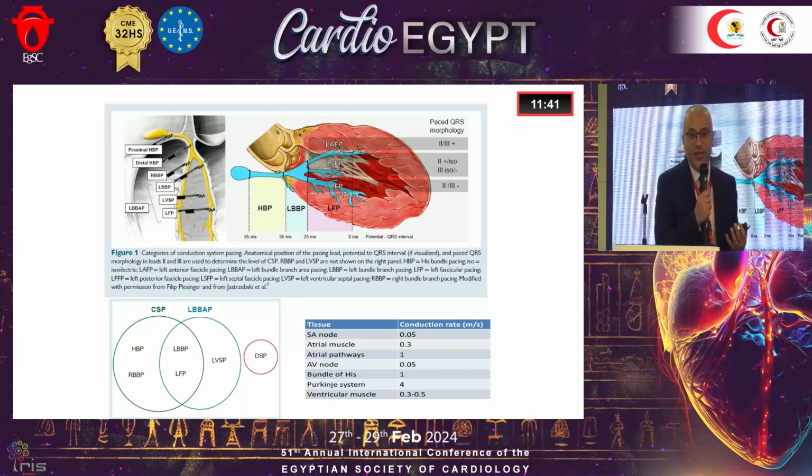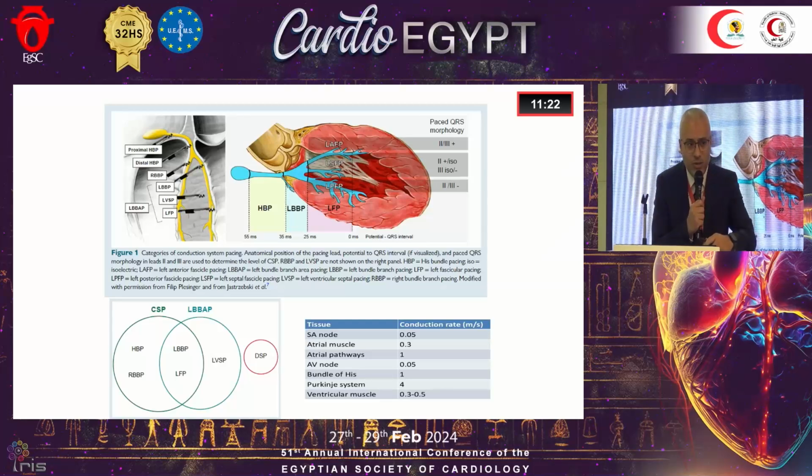I think it started late in the 70s by pacing the His bundle in the early EP studies, and then in the beginning of 2000 we had an idea about His bundle pacing as a method of conventional pacing for our patients, but it was aborted because of lead stability and very high threshold.